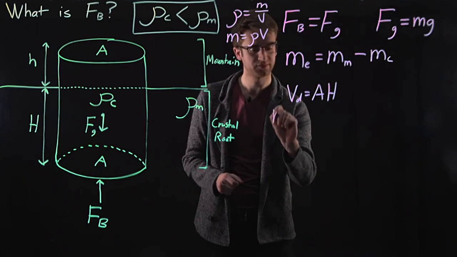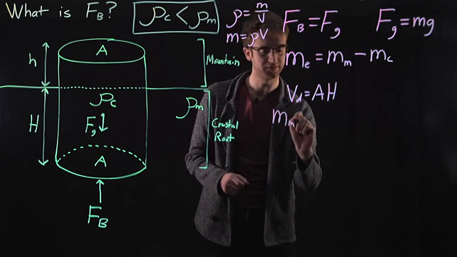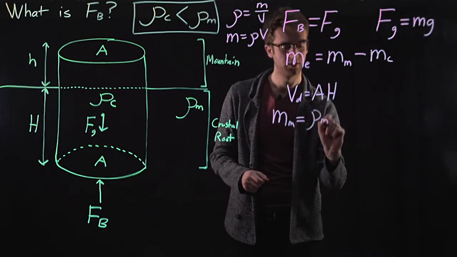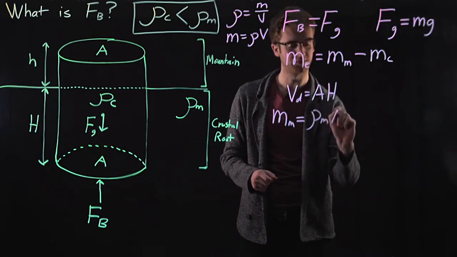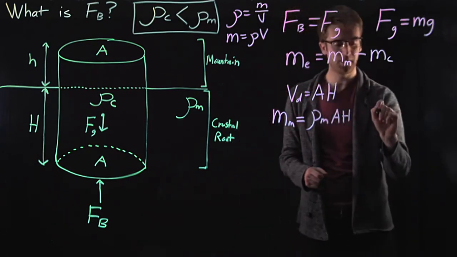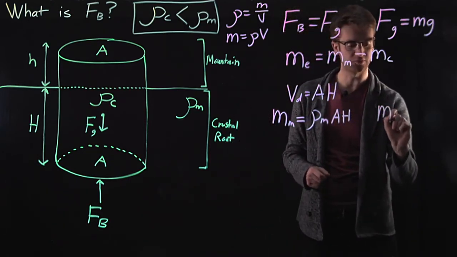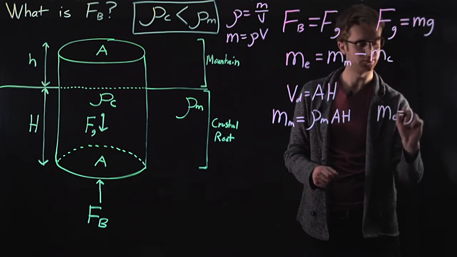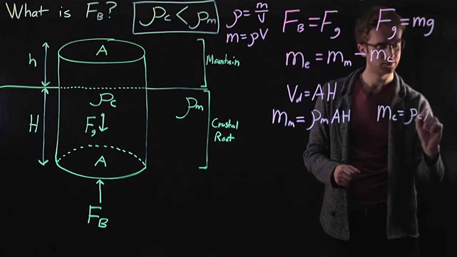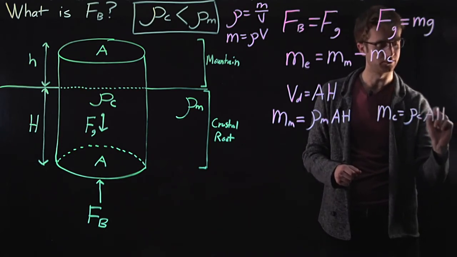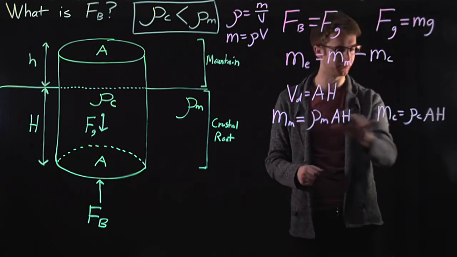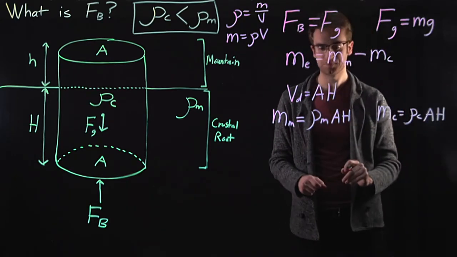So we can then say the mass of the mantle that's displaced equals the density of the mantle times the displaced volume element, AH. And the mass of the crust that's filling in this displacement is the density of the crust times the volume element of the displacement. I just had to check to make sure that I didn't mix up my m's and c's, but this all looks correct.